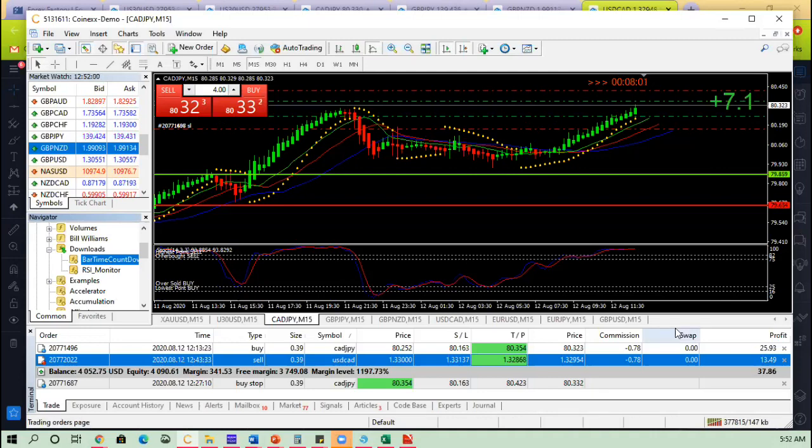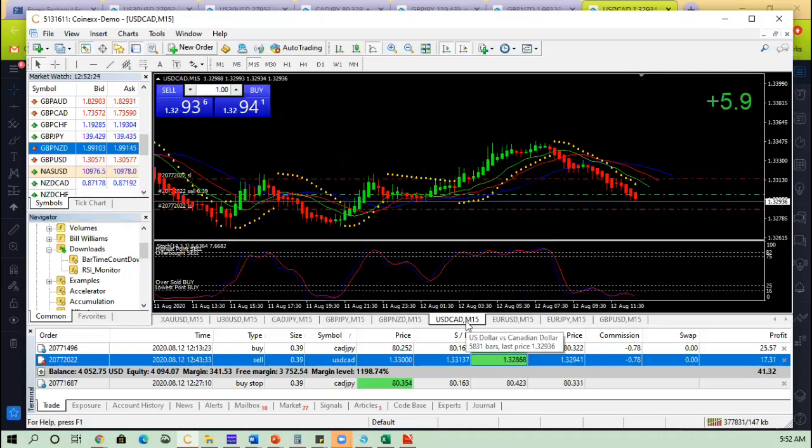Let's see, which one? USD CAD. All right, so we've got our take profit 2 for our CAD/JPY. We've got our USD CAD currently running. And actually, we can do a take profit 2 for the USD CAD.